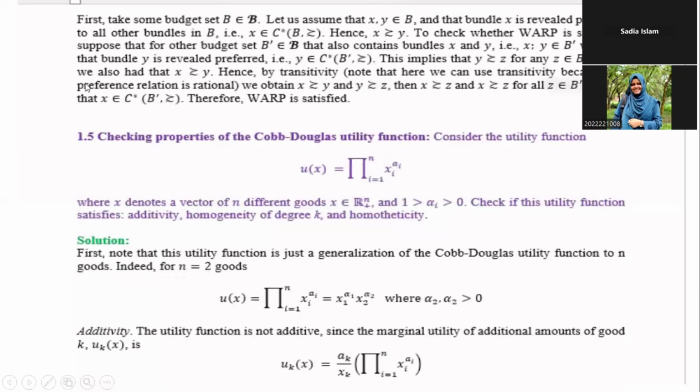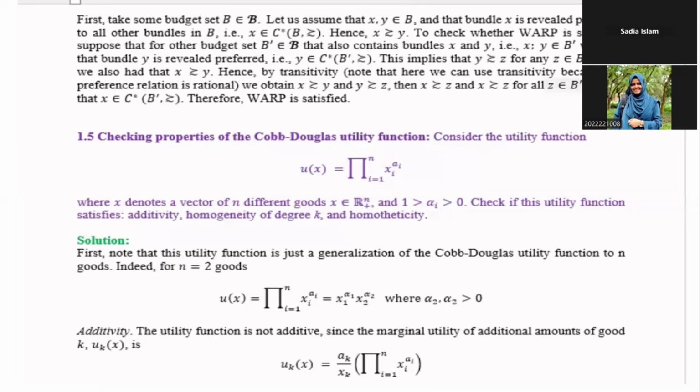First, take some budget set B, a subset of the universal budget set bold B. Let's assume that two goods x1 and x2 are in the budget set, and then bundle X is revealed preferred to all other bundles in budget B. For example, X belongs to the optimal choice set C star.